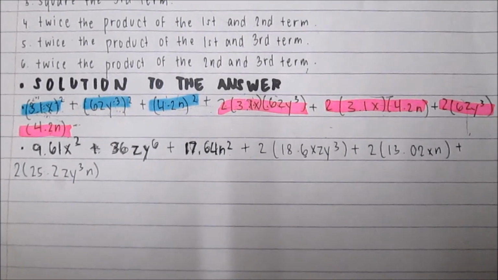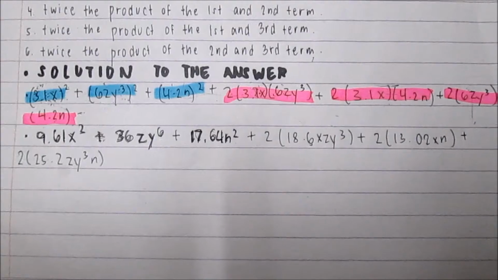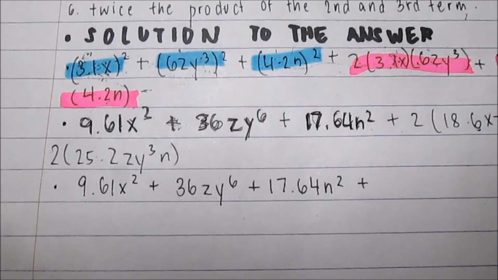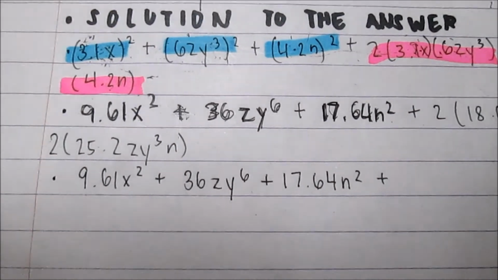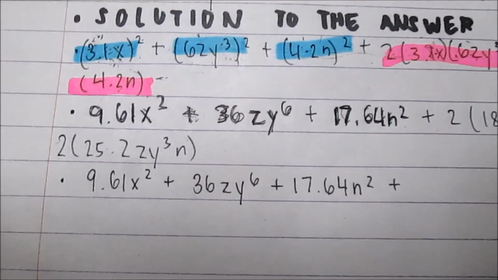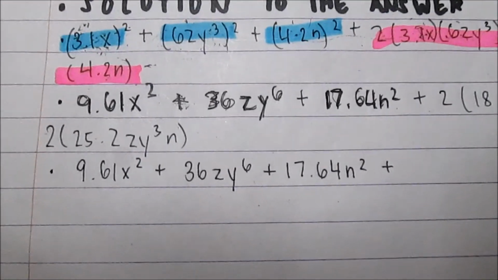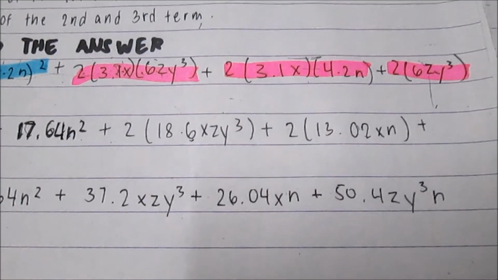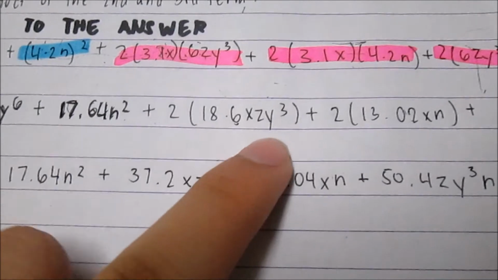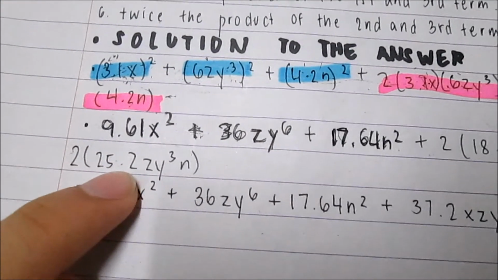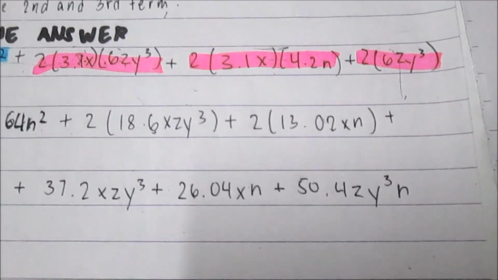And now, we're done with the second solution. So after the second solution, we go now to the third and final solution. What we did here is that we copied the first 3 terms that we squared earlier. Now, if you want to know the answer of the other terms, it's really easy.